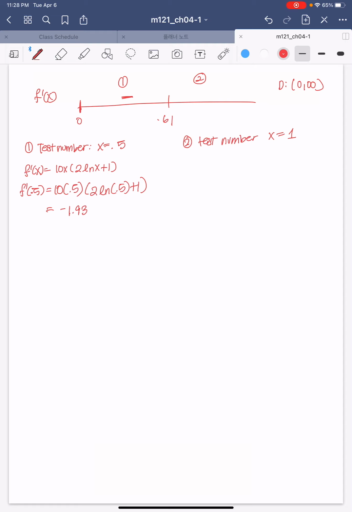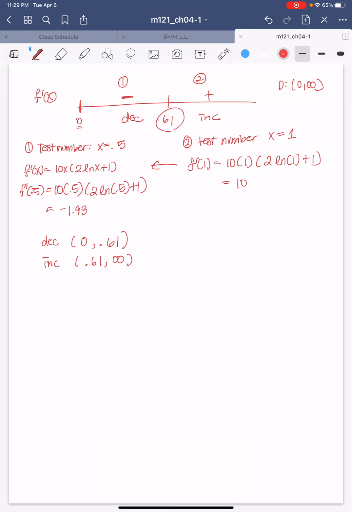Let's plug in f prime of 1 into this one. So 10 times 1, 2 ln of 1 plus 1. Putting directly onto a calculator, I get positive 10. So in this case, we have decreasing and then increasing. Decreasing from 0, because remember our domain started at 0, to 0.61, and then increasing on 0.61 to infinity.